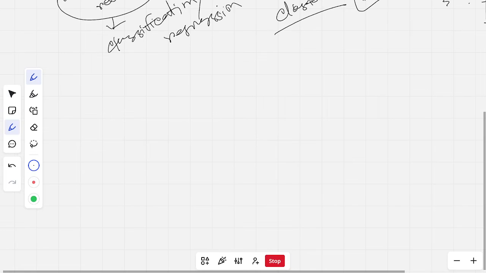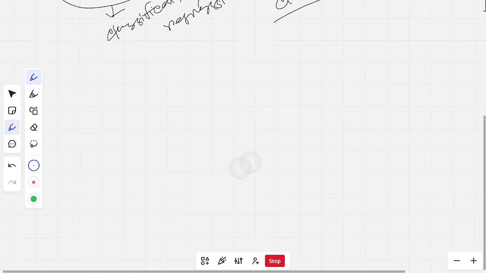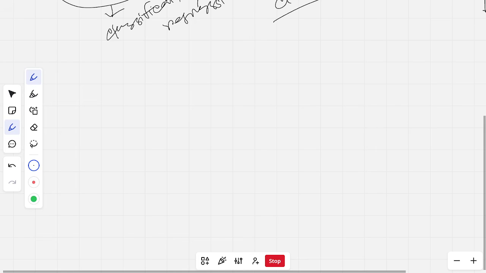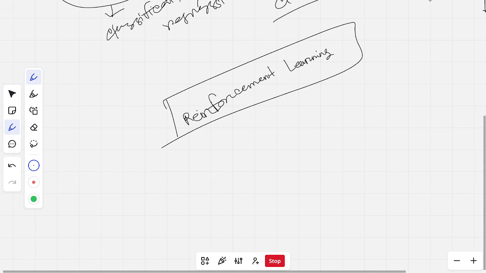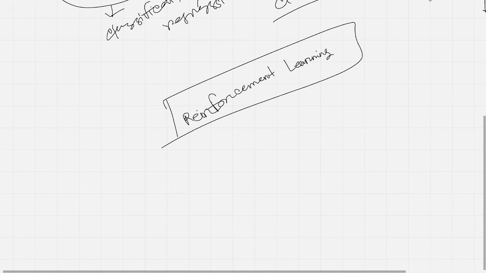And there's another category, that is reinforcement learning. So what does it mean by reinforcement learning? It is a type of machine learning where an agent learns to make decisions by taking actions in an environment to maximize some notion of cumulative reward.